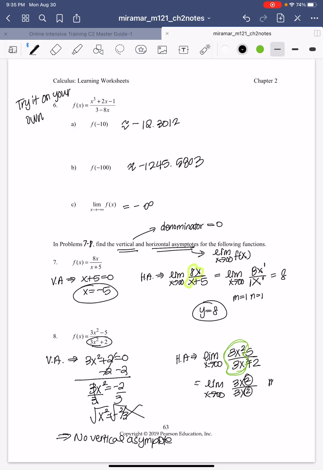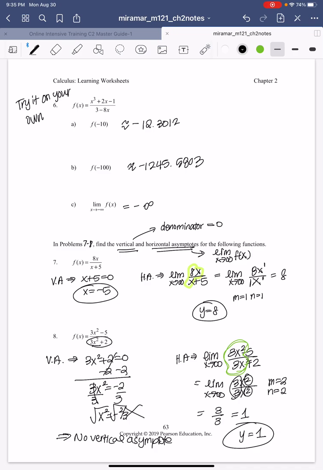Notice both m and n are the same. So it will be leading coefficient 3 over 3, which is equal to 1. So I do have a horizontal asymptote, which is y equals 1.